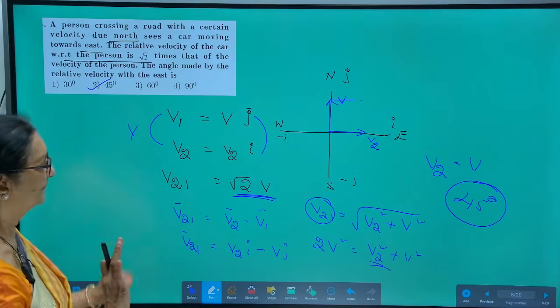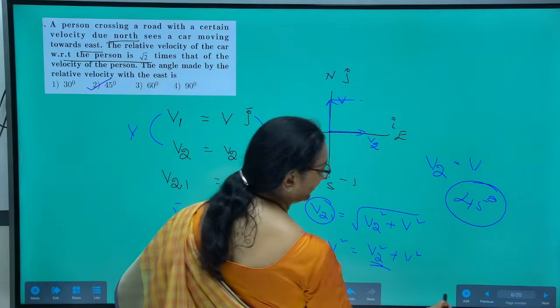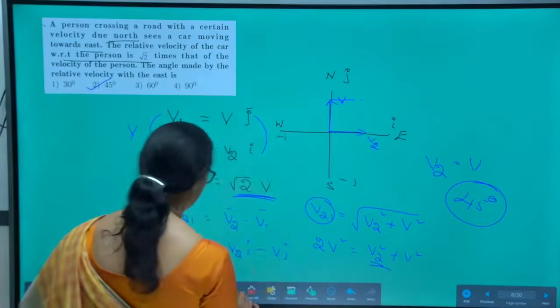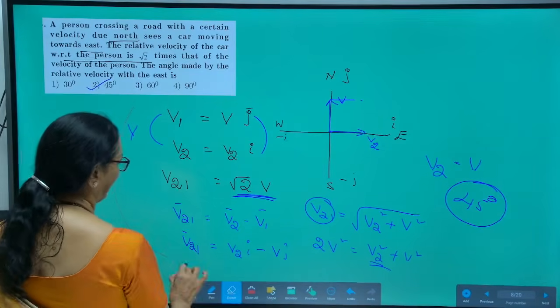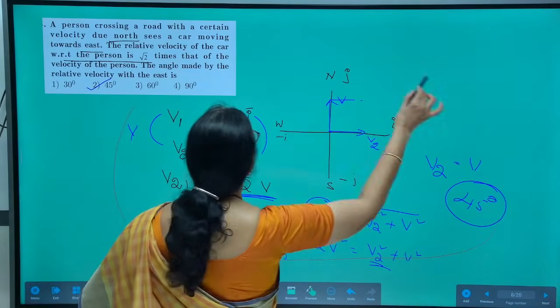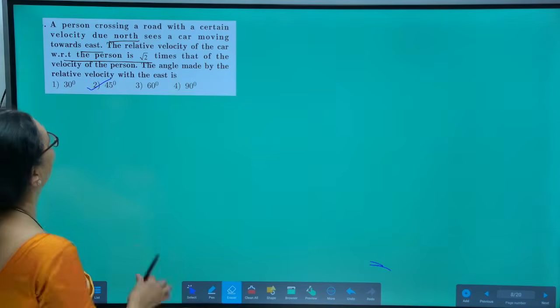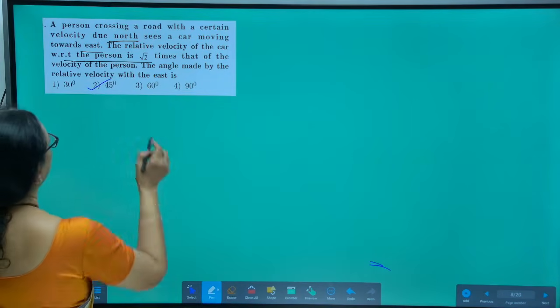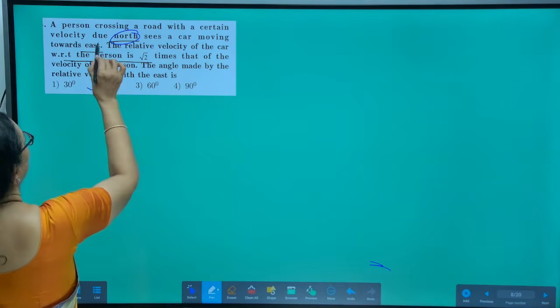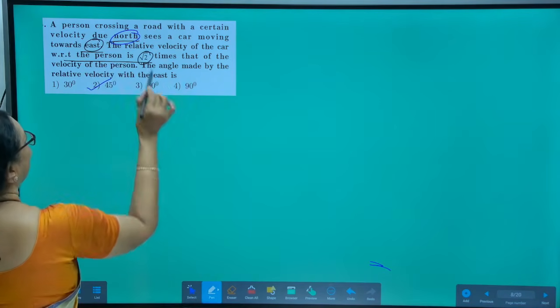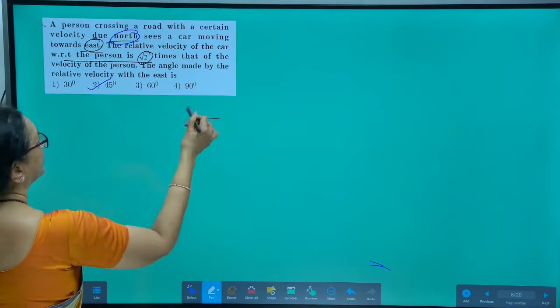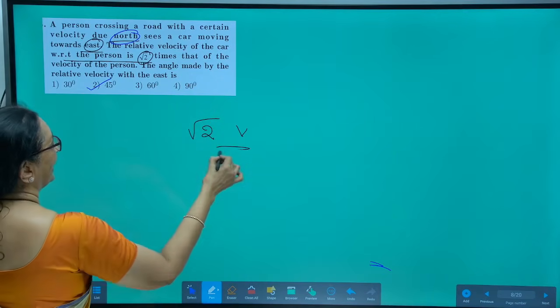See here, instead of doing all the things, just looking at the problem you can answer this. But follow me very carefully. One is northwards, one is eastwards. The resultant of those two is root 2 times.